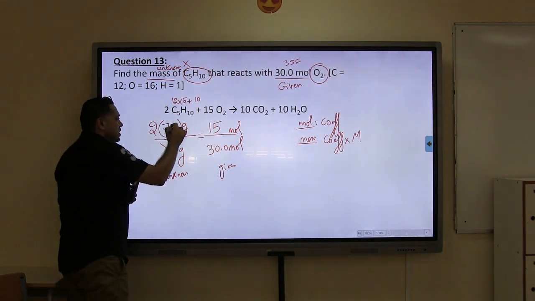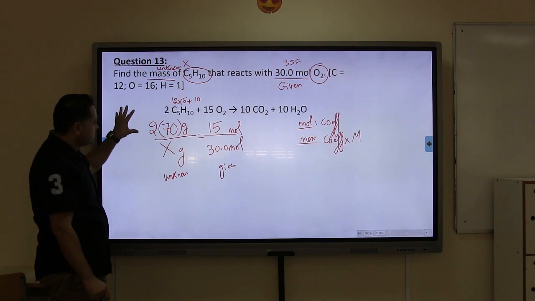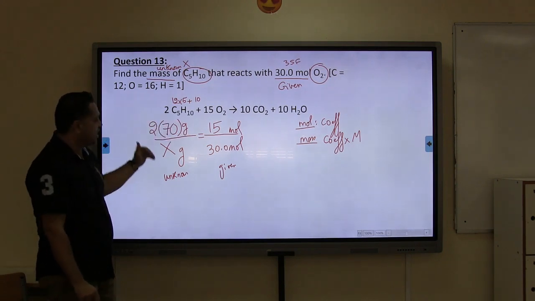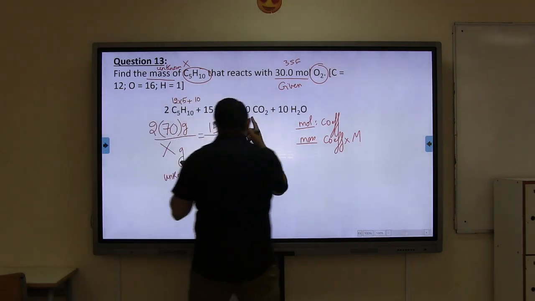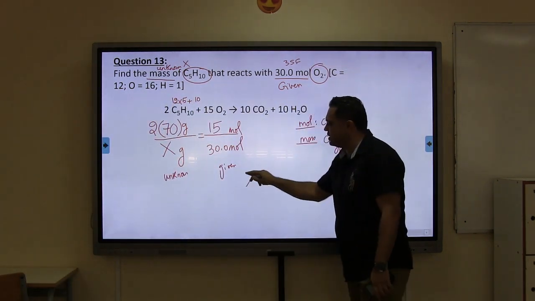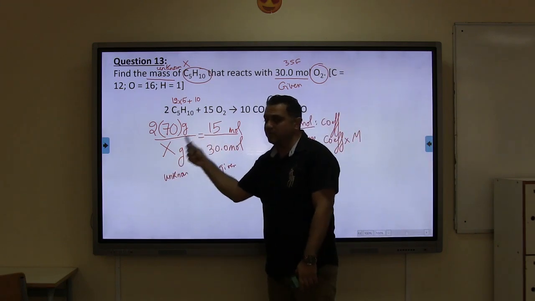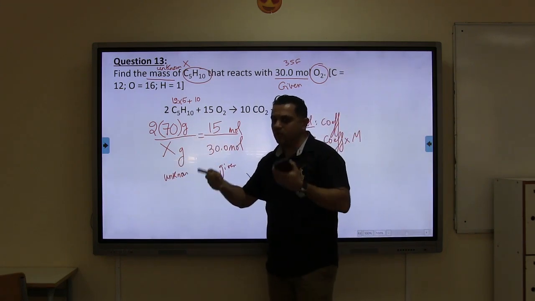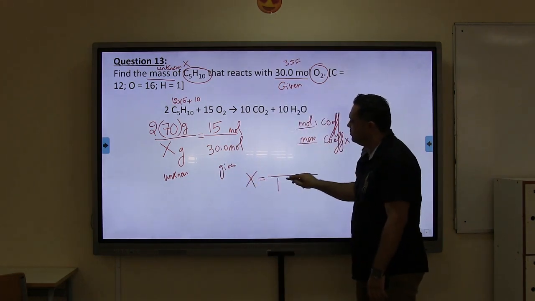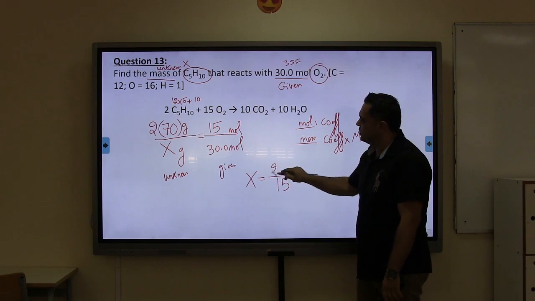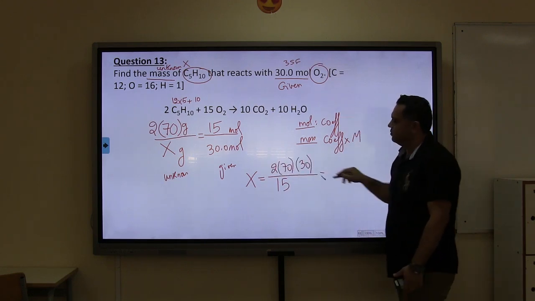So 2 times 70. So I have the ratio now: 2 times 70 over x equals 15 over 30. So we cross multiply both sides. If we multiply 15 times x, we have 15x. I want only x, so I need to divide by 15. So 15 will be in the denominator, and then 2 times 70 times 30.